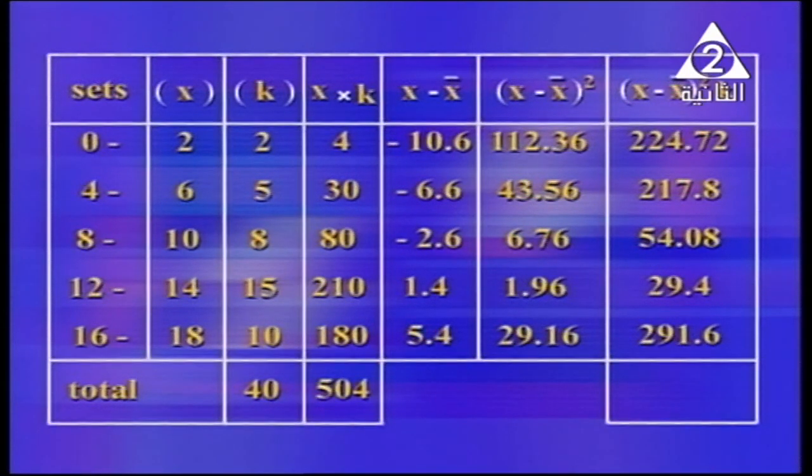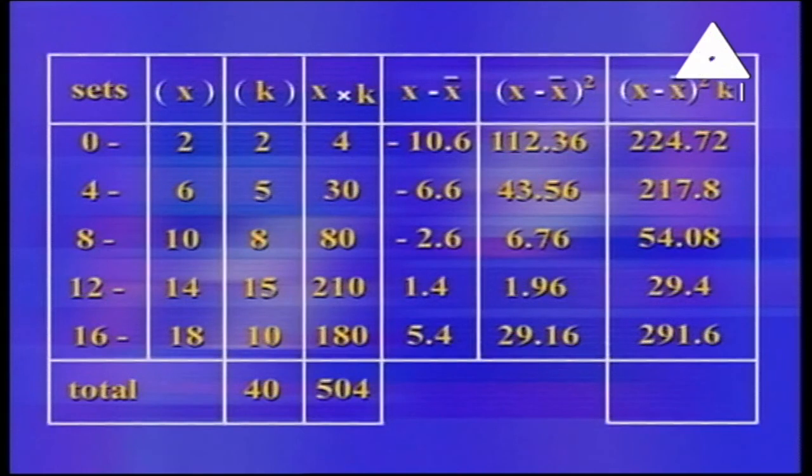Then 15 times 1.96 equals 29.4. And finally 10 times 29.16 to obtain 291.6. Now we have to find the summation of x minus x bar all to the power of 2 multiplied by k. You are going to add all the values of the last column.